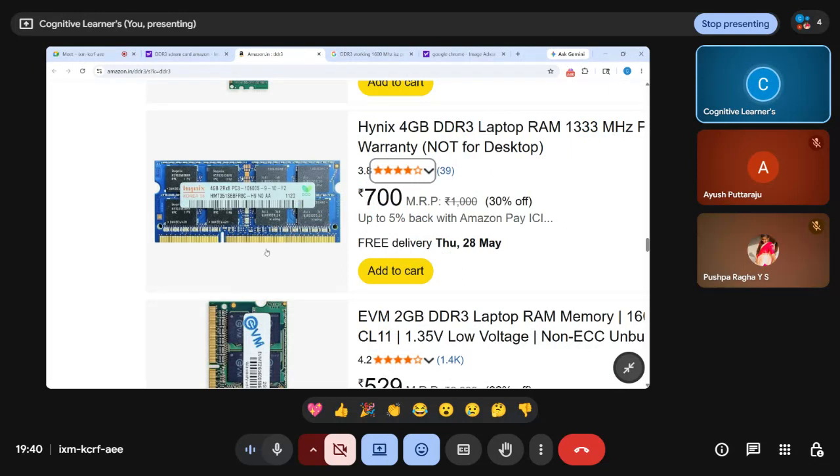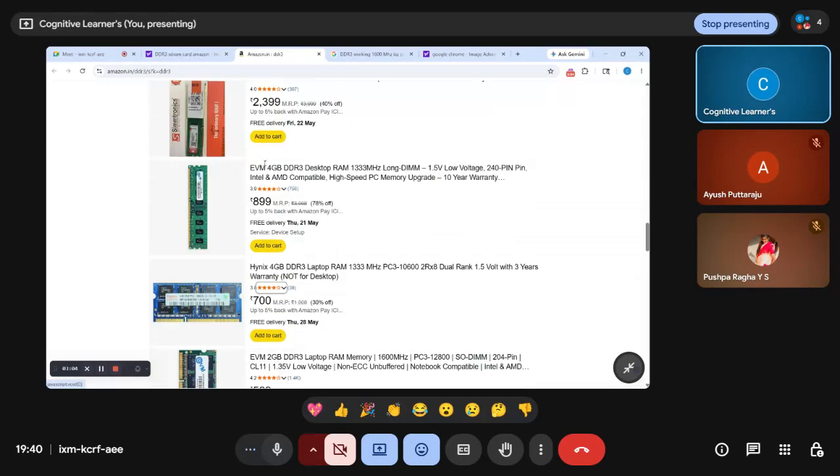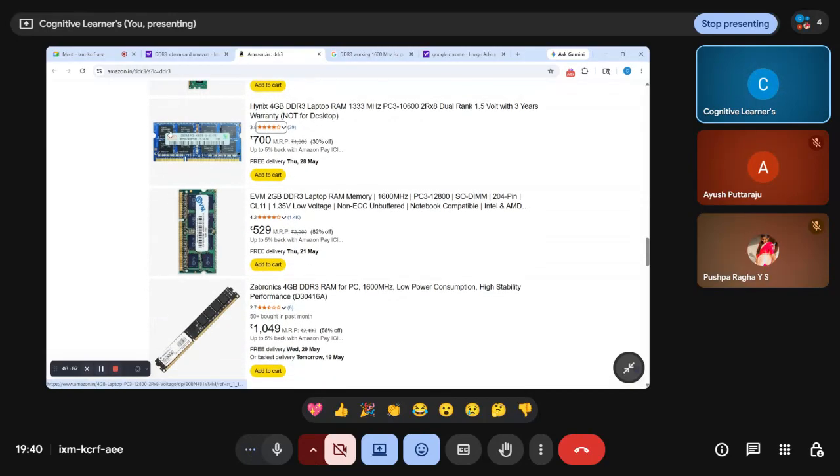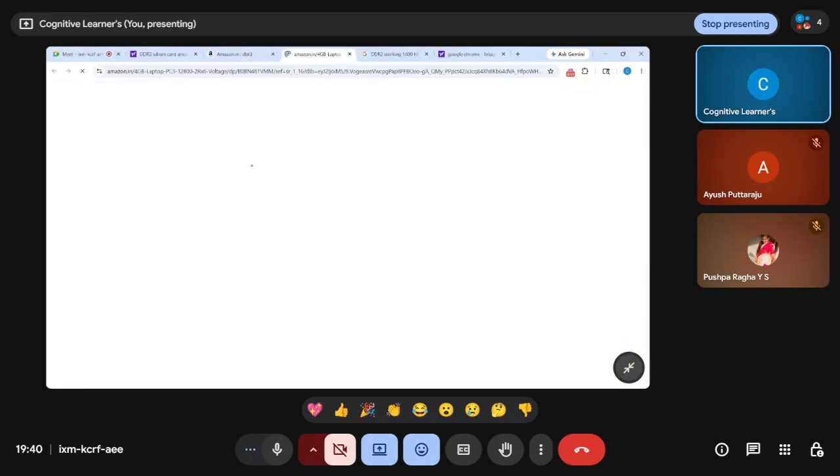Let us assume these are all DRAM chips, DRAM cards only. I will show one DRAM card. In this card, one storage is mentioned: 4 GB.